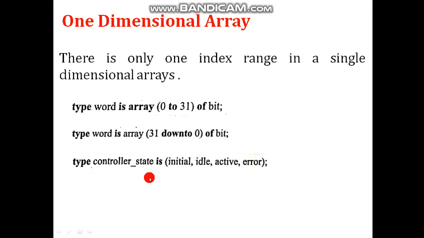Now if there were more than one enumeration type with values of idle and error, it would not be clear which one to use for the index type. We can use an alternative way of specifying the index range, in which we name the index type and include a range constraint.